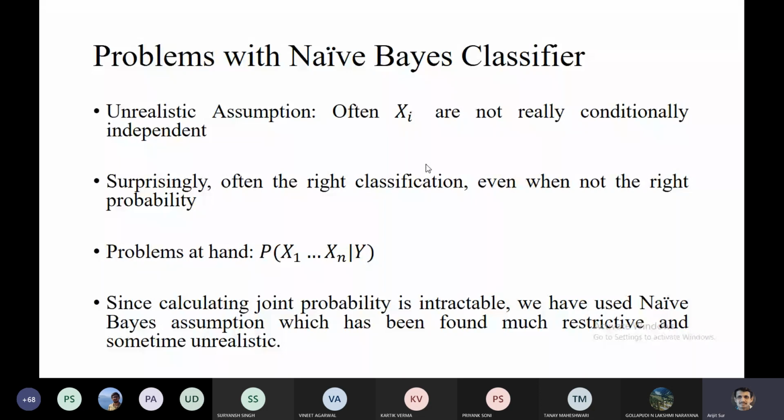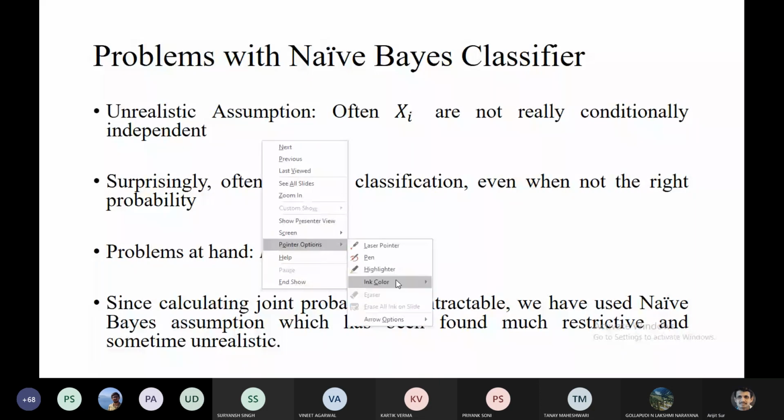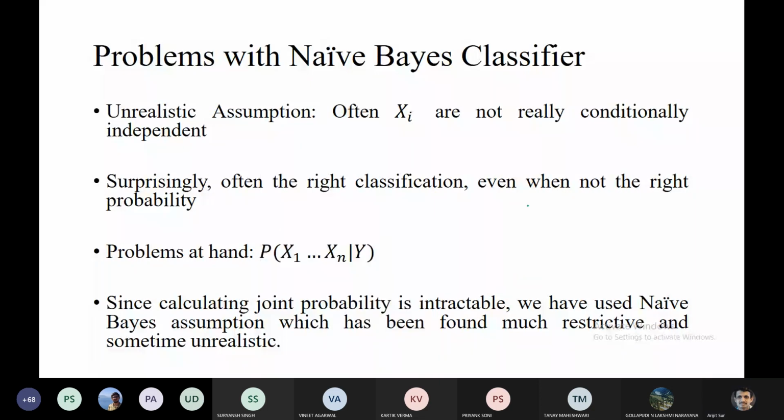What we have just said is the problem of the naive Bayes classifier: the assumption of conditional independence doesn't always hold. Often the xi are not really conditionally independent.